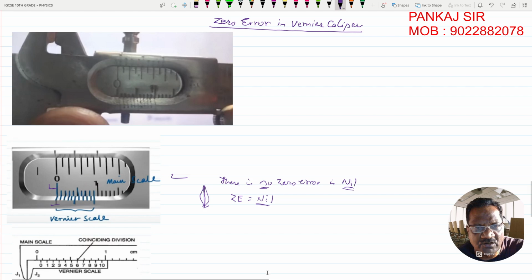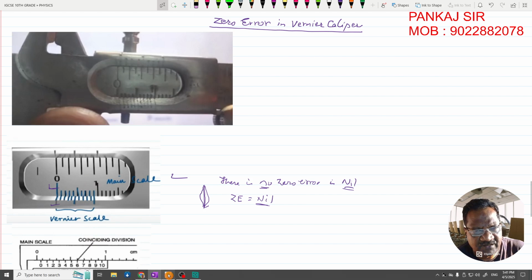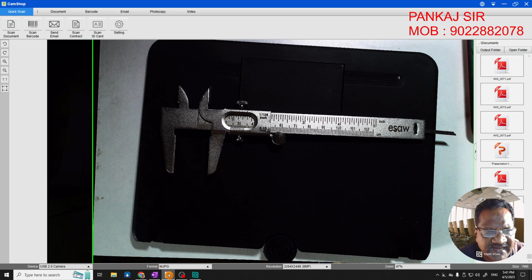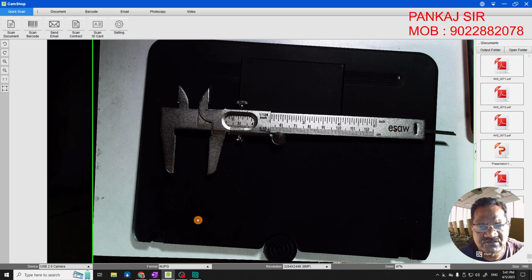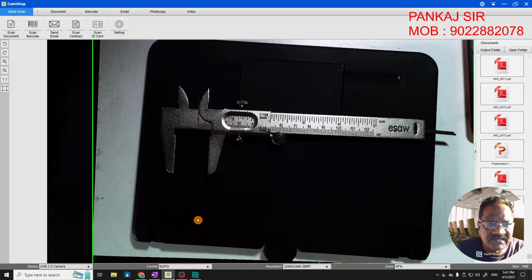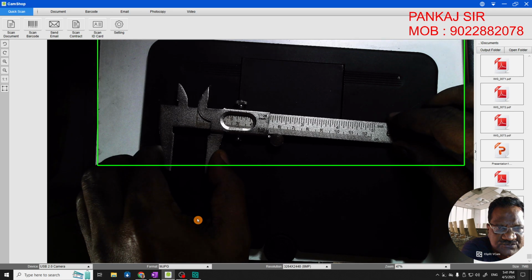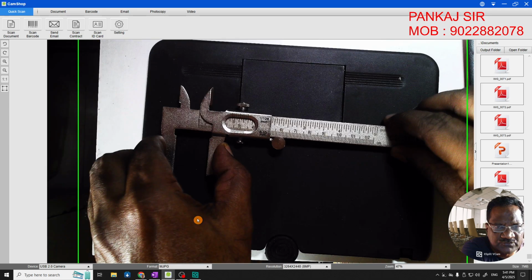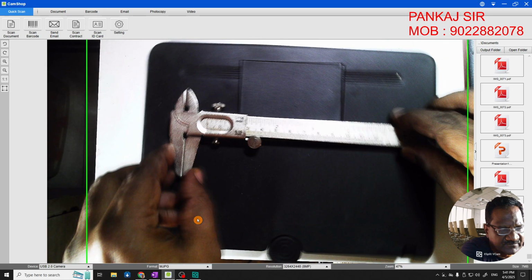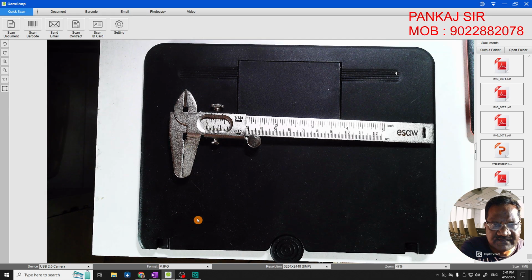So I will do one thing. I will also show you a Vernier caliper which I have right now with me, and it's really a brand new one. Can you see this Vernier caliper on the screen? Now let us check. If I bring these two jaws together and close them, now it is closed.